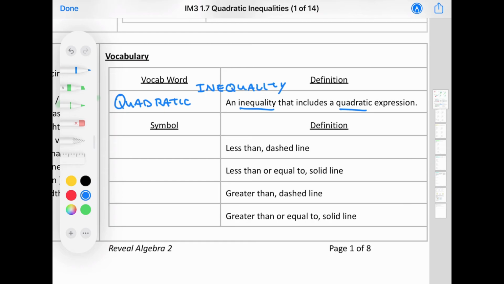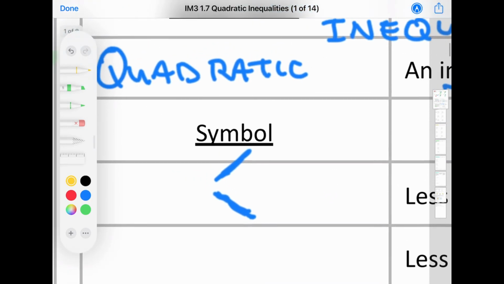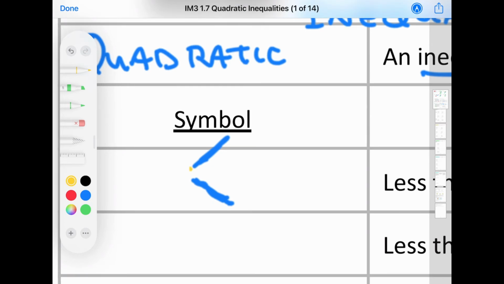All right, what are the symbols for these over here? A less than looks like this. And I want to point this out to you guys, that the distance between the two dots over here is small, and over here, the distance is big.